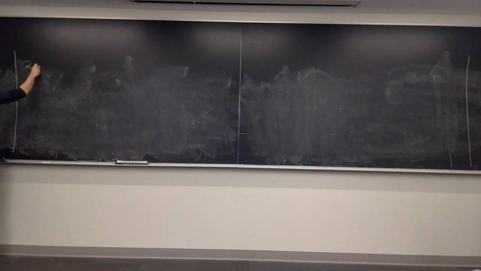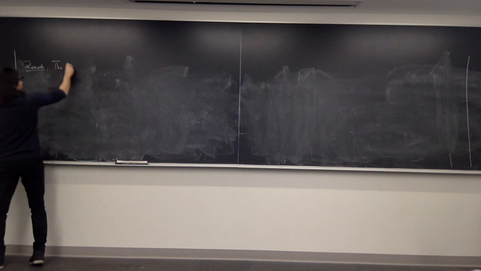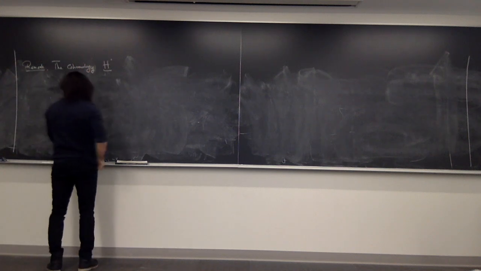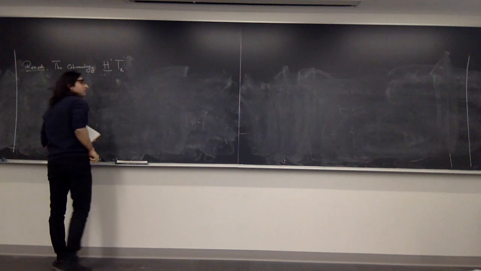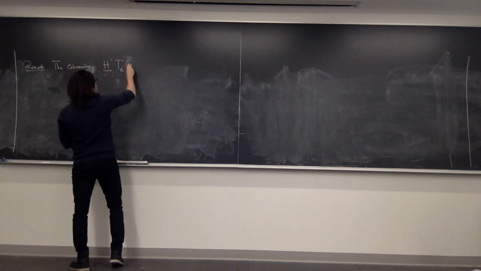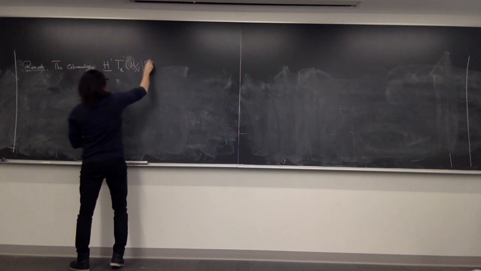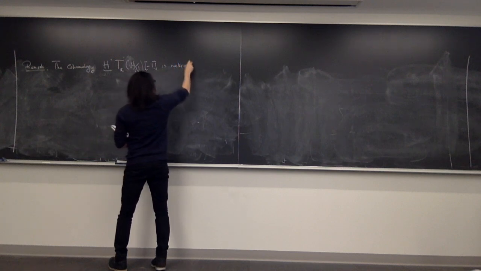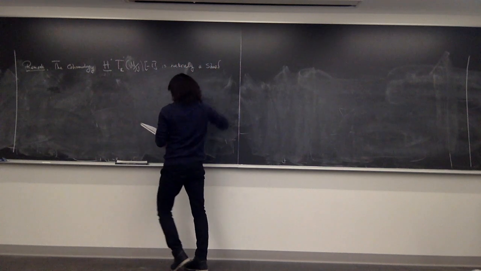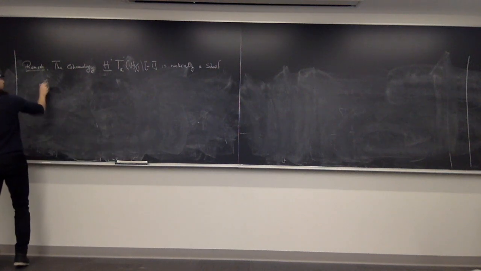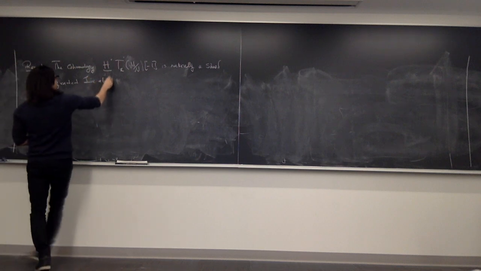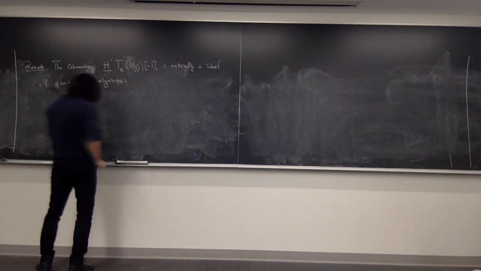If I didn't put it on the blackboard last time, the remark is the following: the cohomology H dot of this relative tangent space, the dg tangent space of Fn shifted by -1, is naturally a sheaf of graded algebras. This we actually did last time.